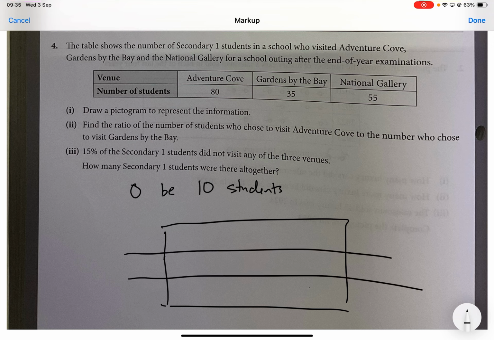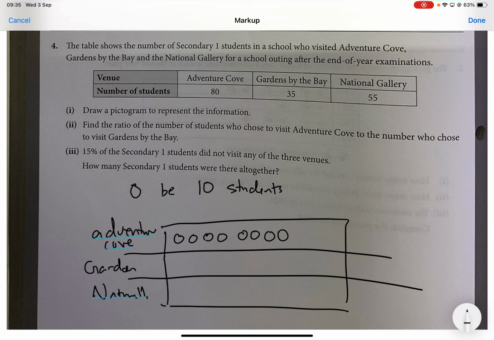Let's say I draw in rows. Then Adventure Cove, Garden by the Bay, and National Gallery. Adventure Cove, 80 students. So I draw 8 circles.